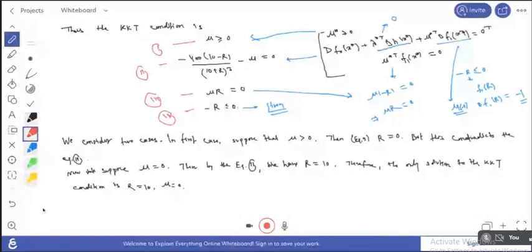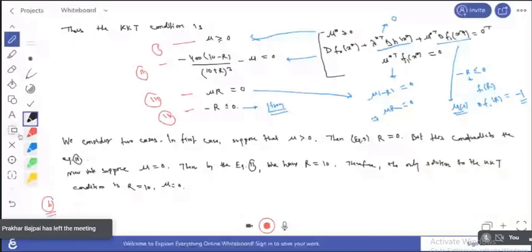B part: the power absorbed by the 10 ohm resistor. So we start with our next page.